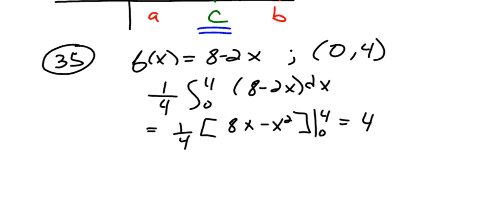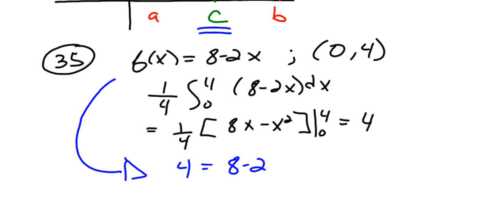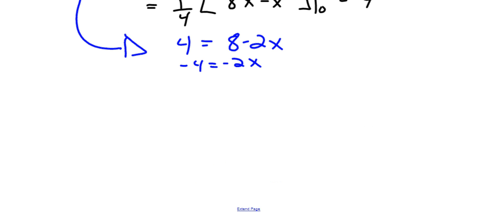So what I'm going to do is take the original function now and have it equal to 4. The average value has to be equal to my function. I'm solving for x. I'm going to subtract 8 from both sides, and then divide both sides by -2, which gives me x equals 2.